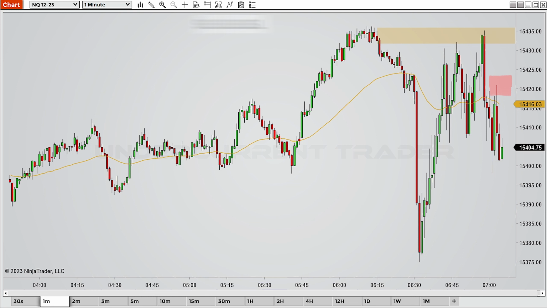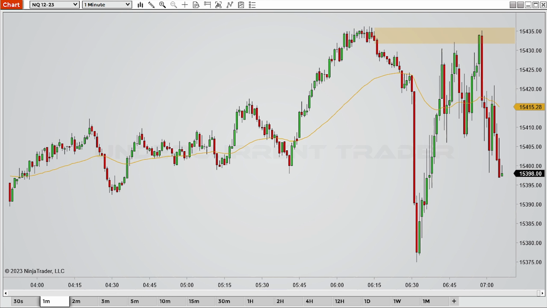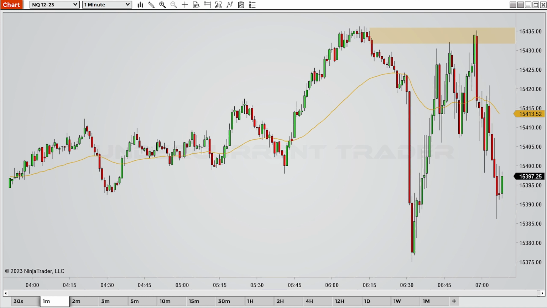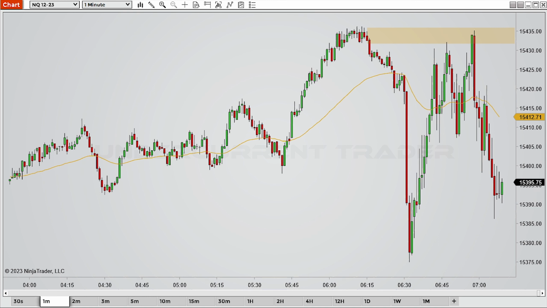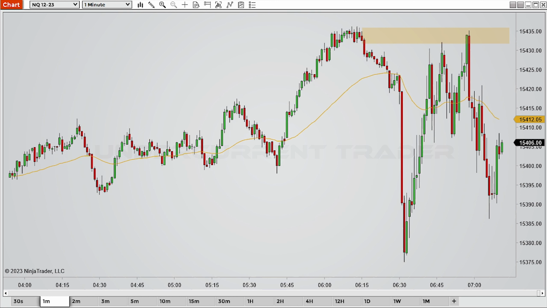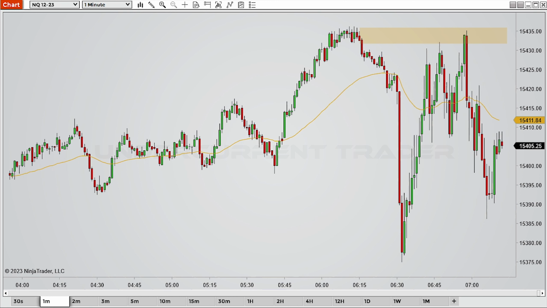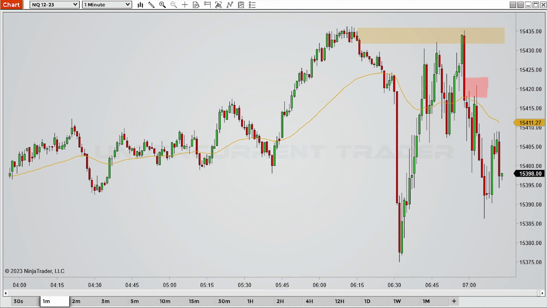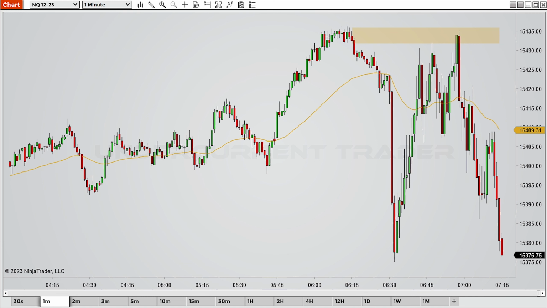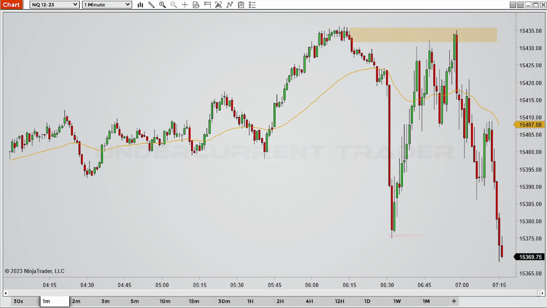I would like to point out that the SMA indicator serves as a helpful technical tool here, providing us with an alternative entry point if we were unsuccessful or didn't manage to secure a short position on our initial attempt. And as you can see from the chart, following the balancing of this imbalanced area, the market starts to sell off. In fact, this is followed by a strong downward move, which gets priced below the initial reaction low.